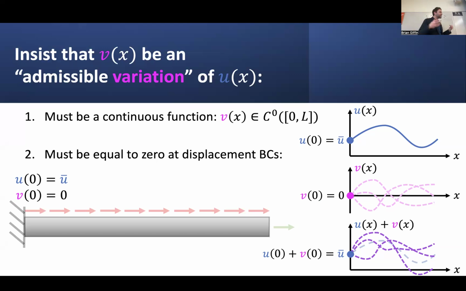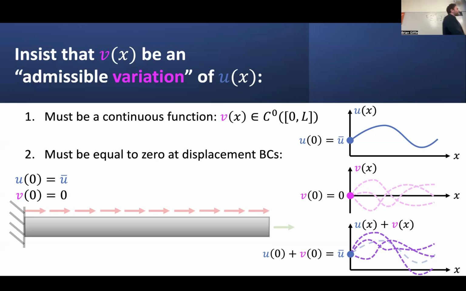So, if it is to be truly like a displacement field, which itself has to be continuous, then this virtual displacement field should necessarily be a continuous function. Clearly, both the true displacement field and this virtual displacement field, whatever it is, have to be continuous functions.